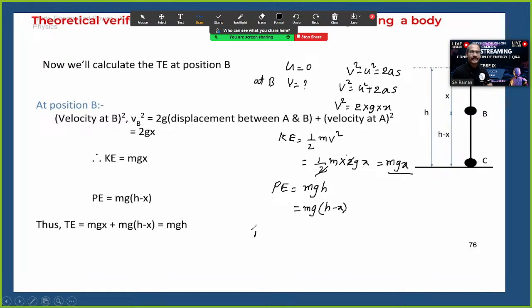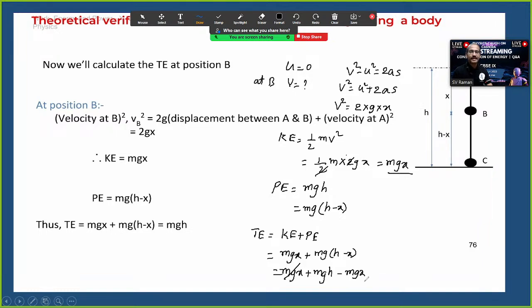So what about total energy? Total energy is equal to both kinetic energy plus potential energy. Kinetic energy will be mgx. Potential energy will be mg of h minus x. Now what will we do? We will multiply over here: mgx plus mgh minus mgx.